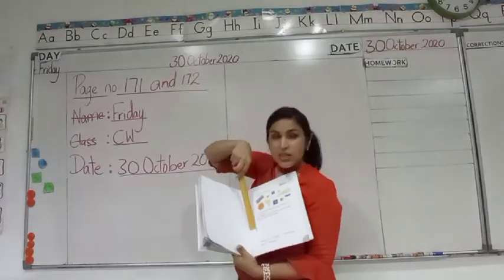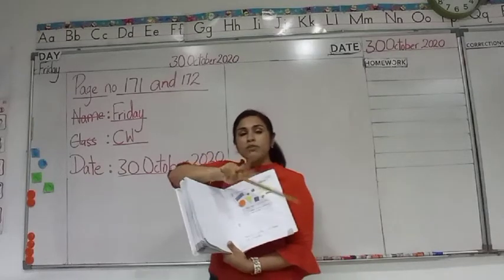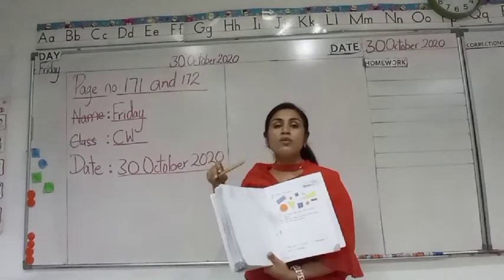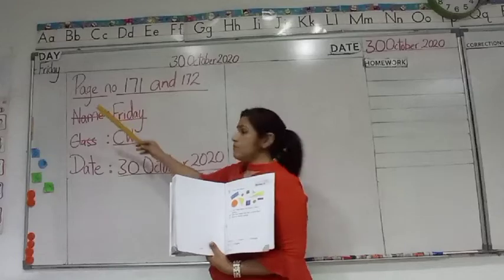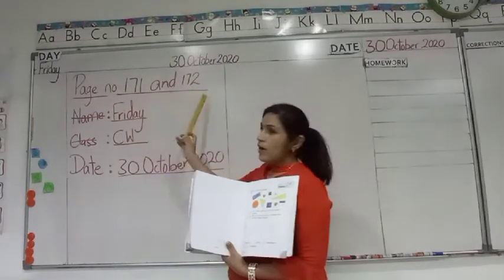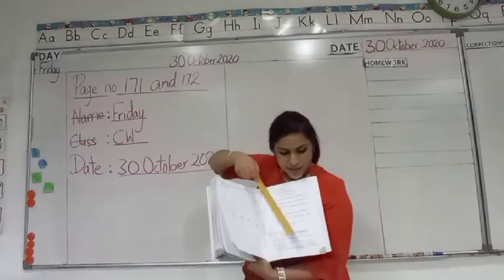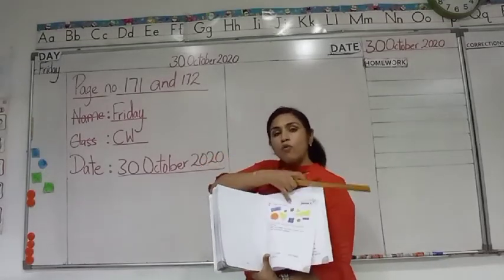Now we will just do the review on shapes and length. The two chapters which we have learned, shapes and length, we will do the review together. This is review number 4. Alright, page number 171 and 172 we will do in class, and 173 and 174 will be for homework.